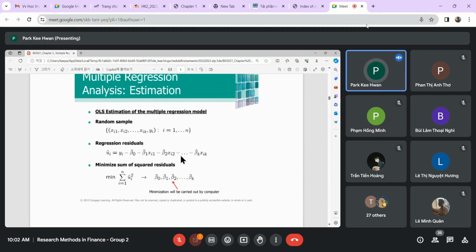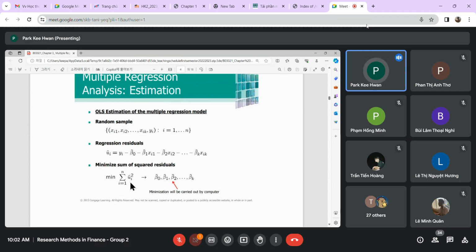Then our job is to find the formula for beta naught and beta 1 and beta 2. So how are we going to find the formula for these parameters? We set up the optimization problem, and here we have the minimization.